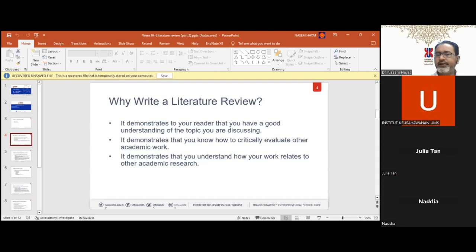When we say critically evaluate, there are different streams of knowledge, different streams of thought, theories, the emergence of definitions, and maybe controversies that have evolved over time in the documented literature. So it shows how well we understand and demonstrate critical evaluation of the literature. It demonstrates how the researcher understands the work of other academic research and how that research is related to the topic.